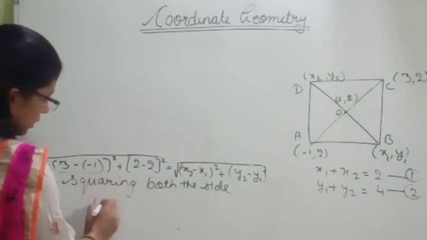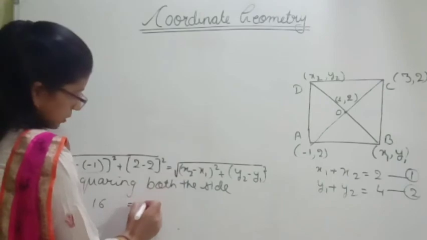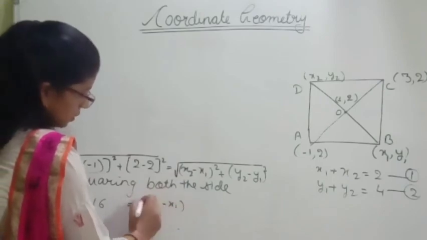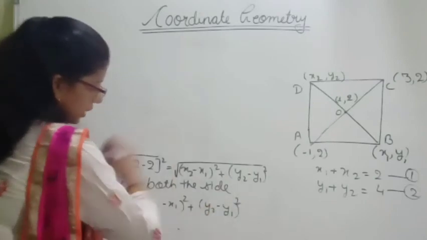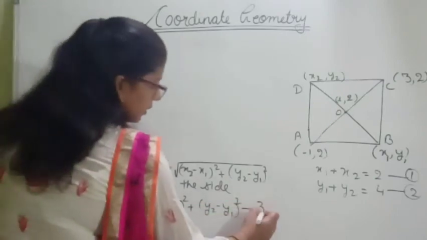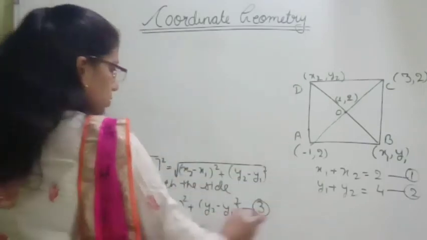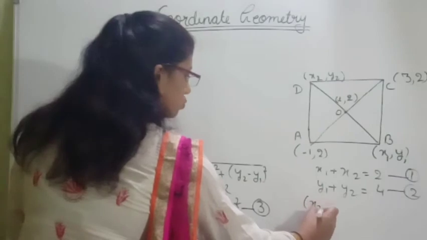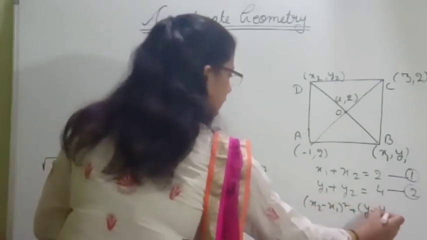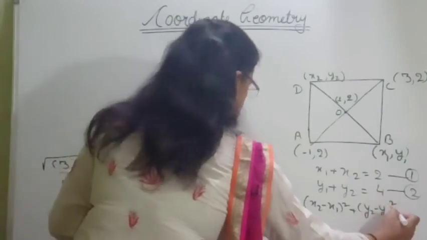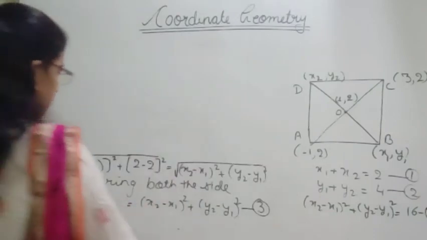And 2 minus 2 is 0, which is equal to (x2 minus x1) whole square plus (y2 minus y1) whole square. Let us say this is equation number 3. For your convenience I am writing equation number 3 here: (x2 minus x1) whole square plus (y2 minus y1) whole square is equal to 16. So we got 3 equations.